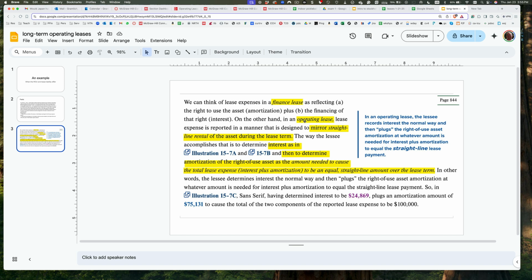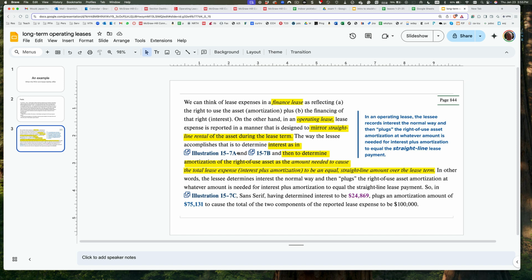In an operating lease, which by the way is not used for IFRS purposes, only in the United States, lease expense is reported in a manner designed to mirror straight line rental of the asset during the lease term. That is, rent expense should be equal to what the straight line rent should be. In this case, 23,000.